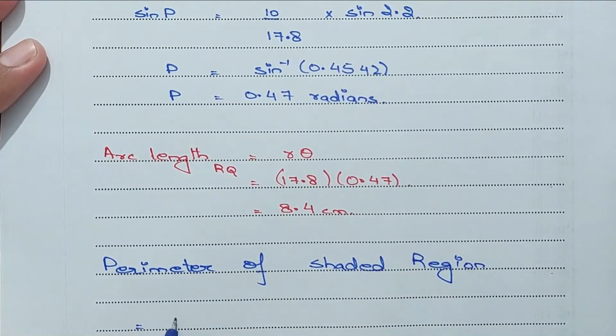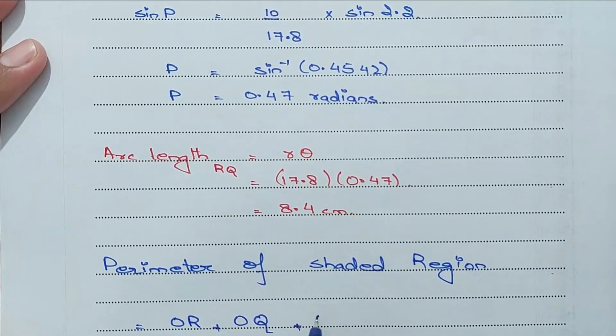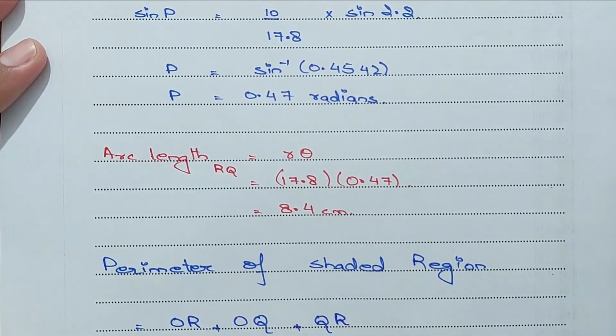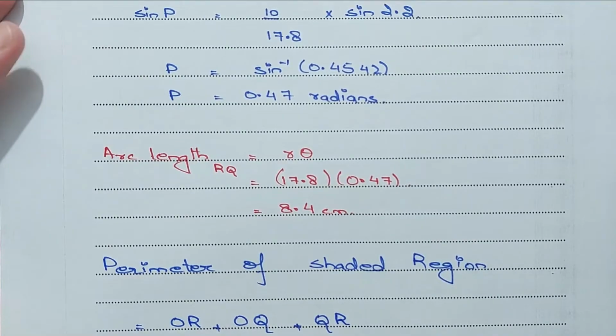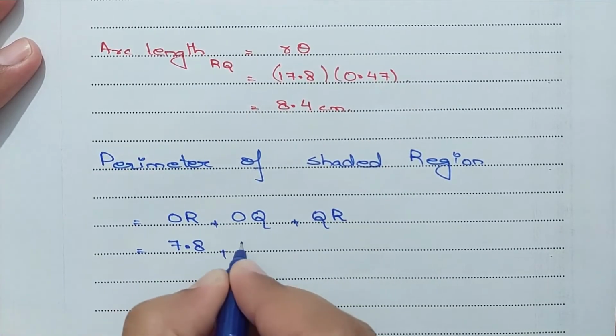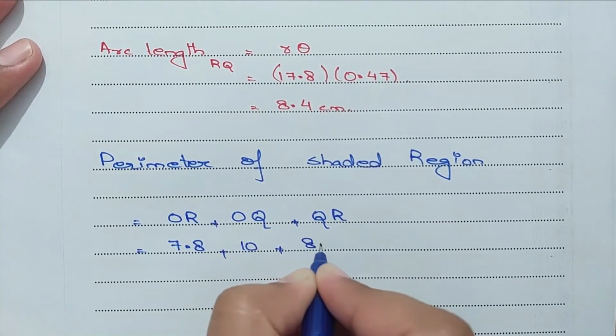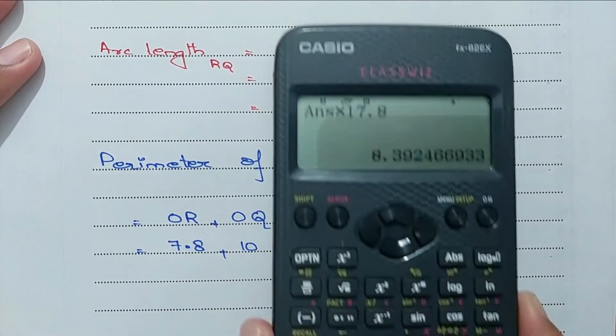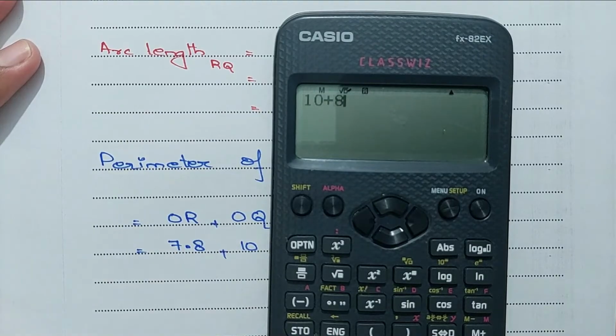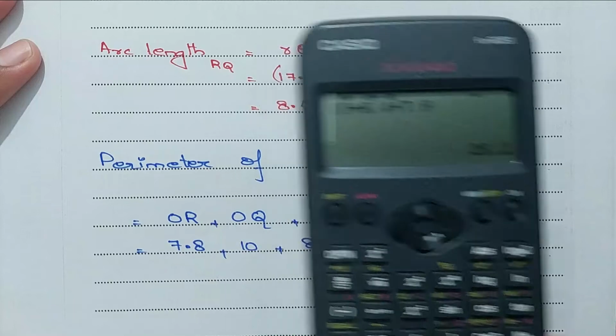So that is the sum of OR, OQ and QR. OR is 7.8, OQ is 10 and QR is 8.4. 10 plus 8.4 plus 7.8, that is 26.2.